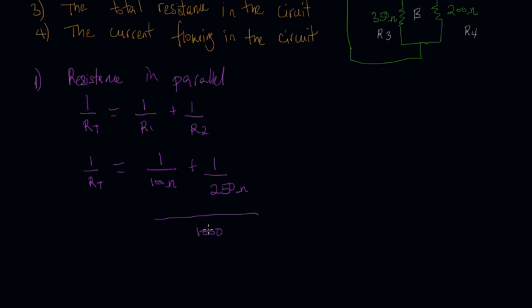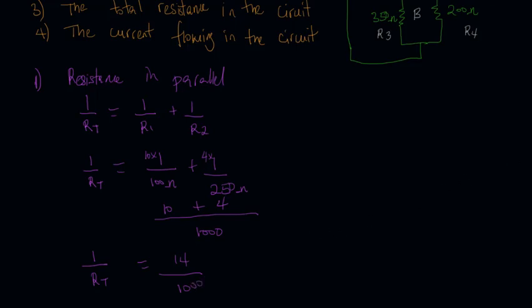So we say 100 into 1000 goes 10 times. So we have 10 multiplied by that, so we get 10 plus 250 into 1000 goes 4 times, so we have 4 times 1 gives you 4. Right? And then we write 1 upon RT is equal to 10 plus 4 is 14 divided by 1000.